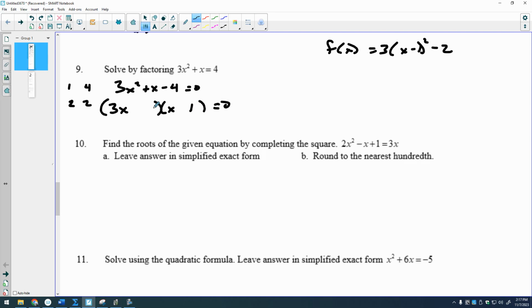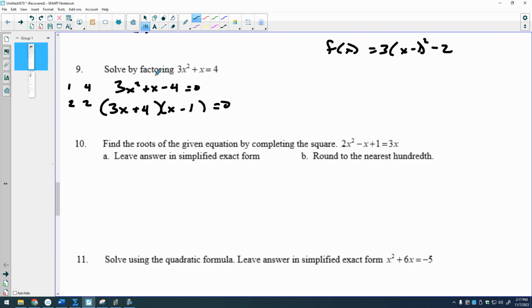So I'm going to put a 1 here and a 4 here, and I get 3 and 4. Is 3 minus 4 equal to 1? Yeah. So I found the right factors. I want a positive 1, so my larger product matches the middle sign. That's a positive. My larger product has to be a positive.